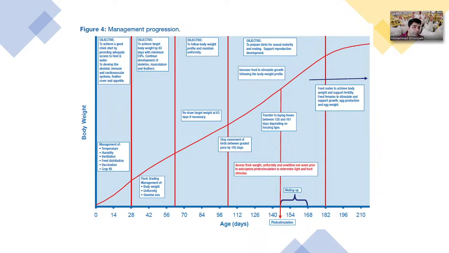The only place that would differ is requirements. For example, when you are formulating a complete diet for your birds, you are using their nutrient requirements based on the guideline.